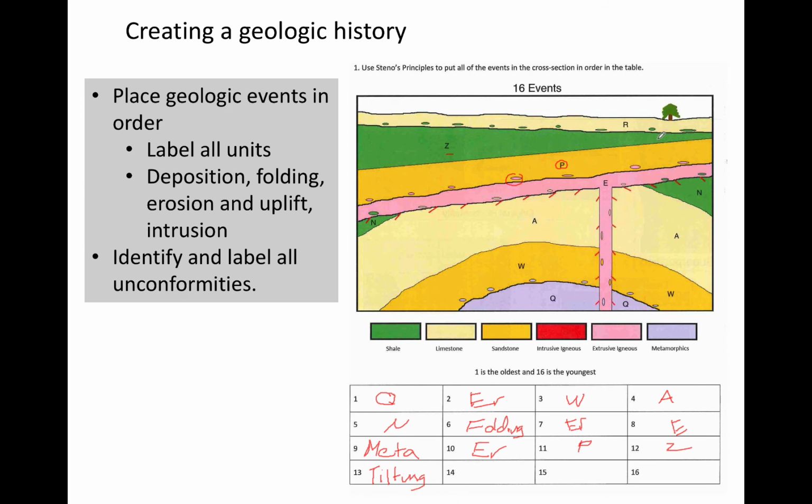We notice here at the top we have Z in R as inclusions, so we have erosion, followed by the deposition of R. And then finally, this surface is irregular and eroded, so we have erosion at that surface.